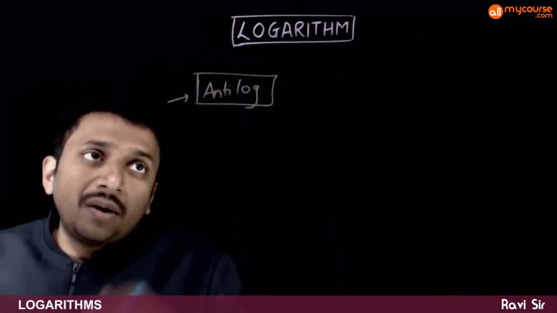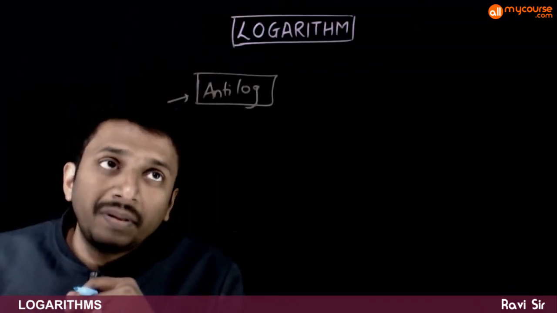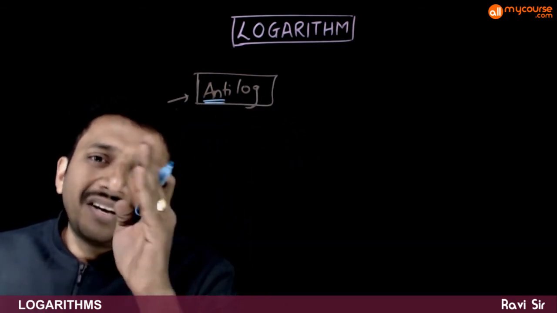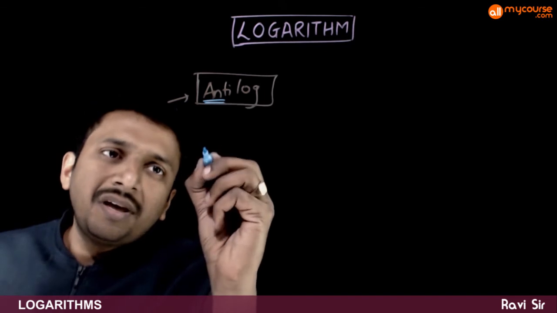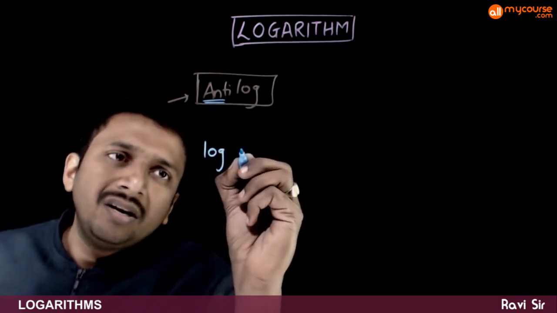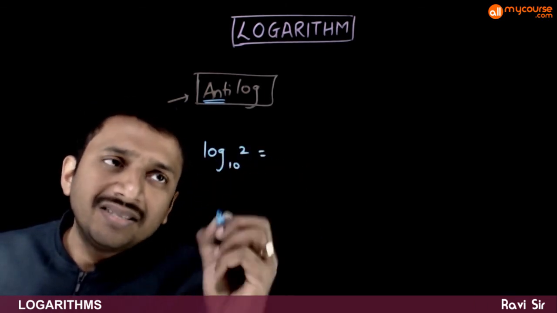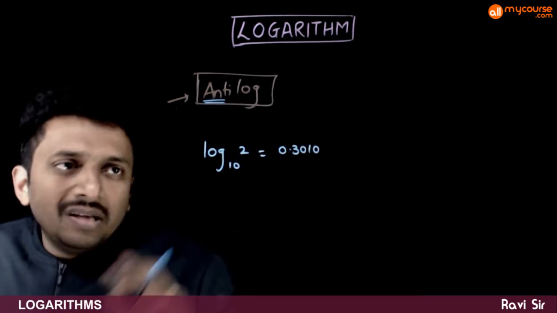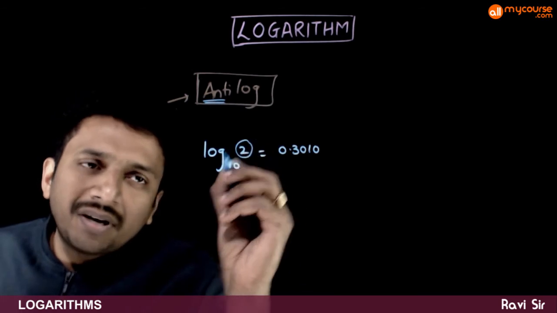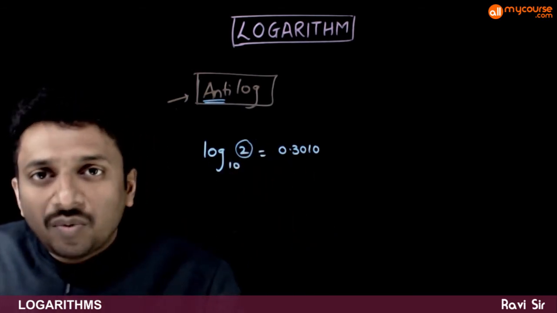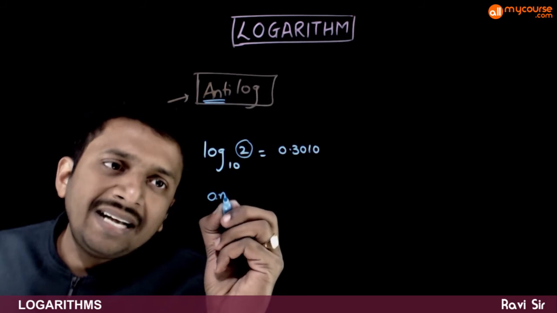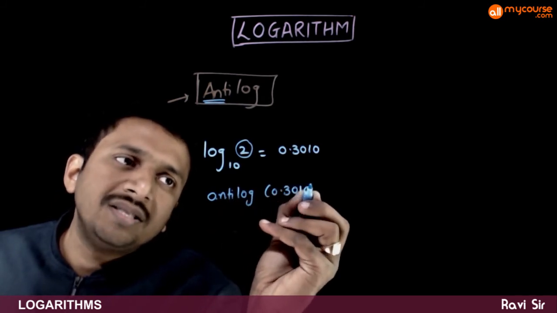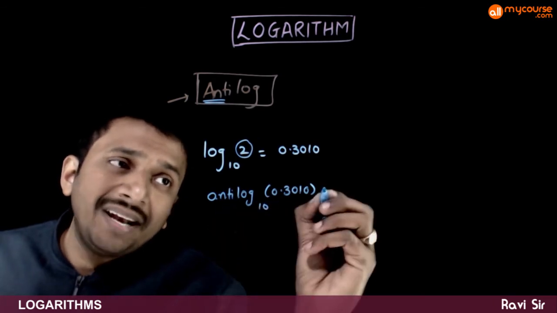So in this video, let us look at what anti-log is. As the name suggests, anti-log is the reverse of logarithm. So if log 2 to the base 10 is equal to 0.3010, what is the anti-log of 0.3010 with respect to 10?